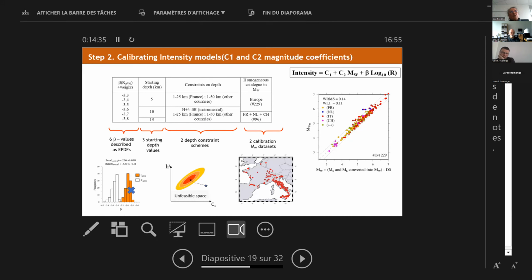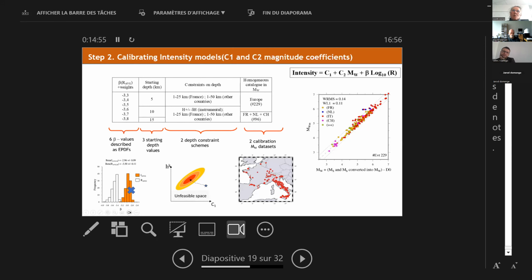Here in France, we don't have a lot of high magnitude events, so we went to Italy to try to grab some higher magnitude events in order to be able to predict the magnitude of higher intensity events.